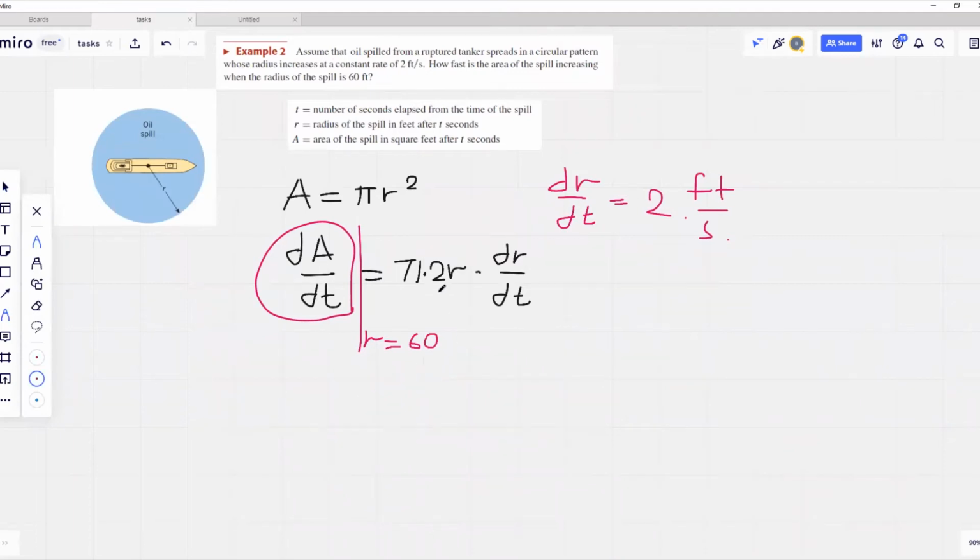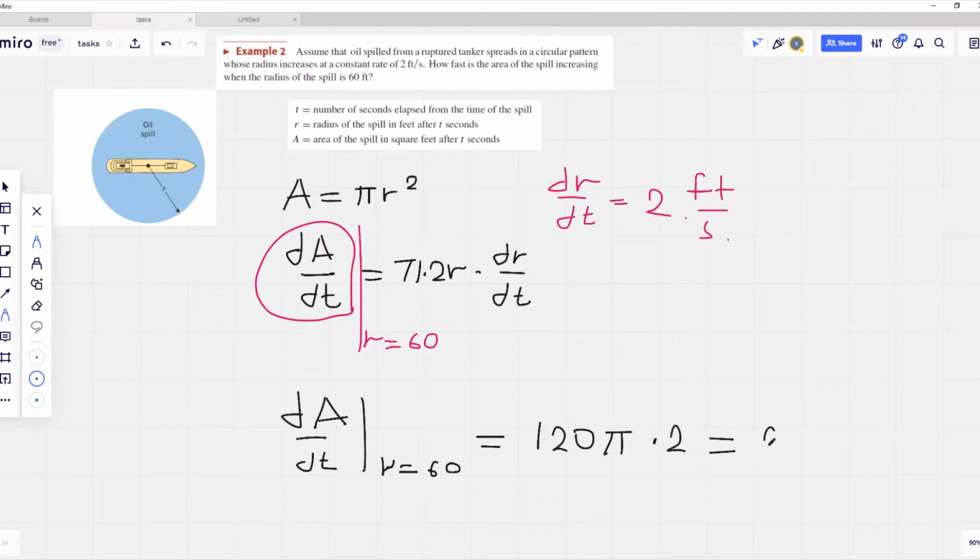Then substituting our values here, the rate of change of area with respect to time at the time when the radius of the spill was equal to 60 is 120 pi multiplied by 2. So this is 240 pi square feet per second.